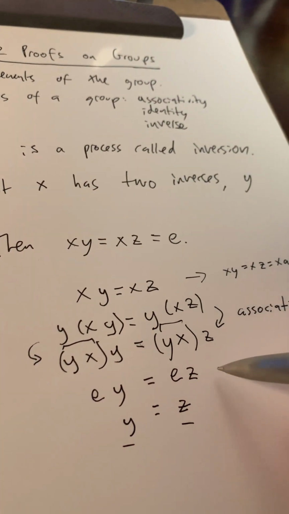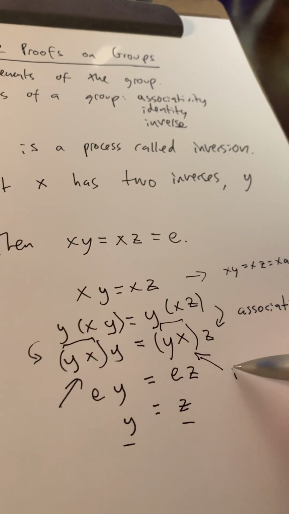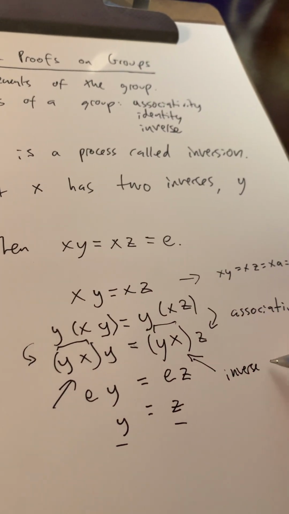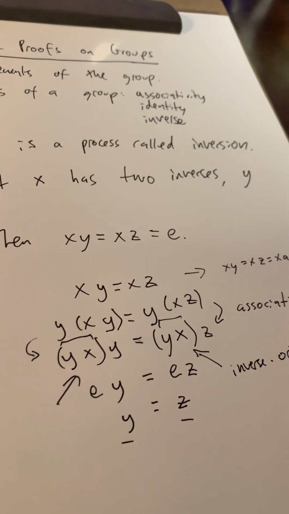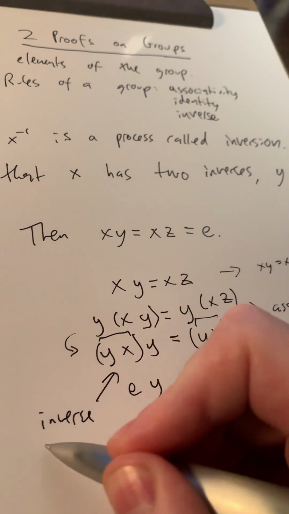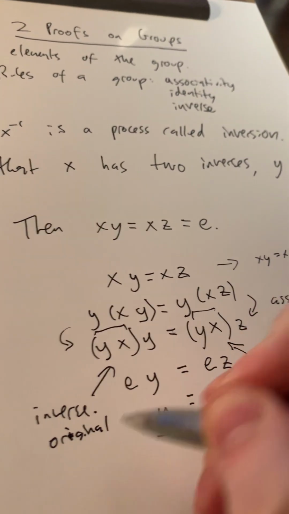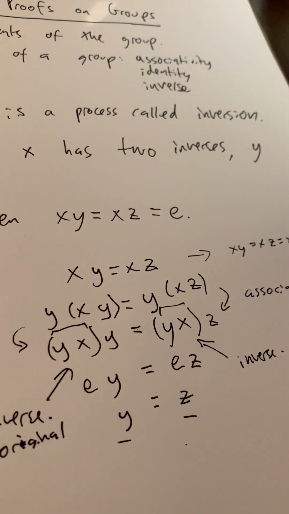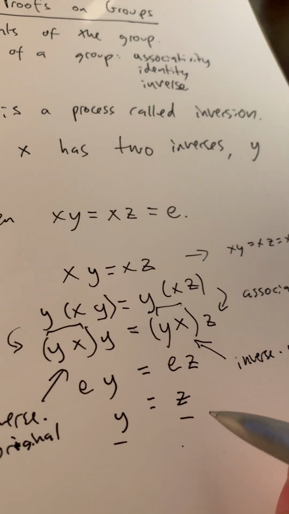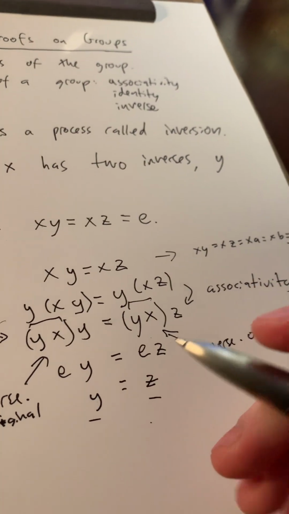And then last but not least, we recognize once more that this is the identity element because it's an inverse by its original, as is this one. With the result that Y is equal to Z. Therefore, those particular values have to be the same.